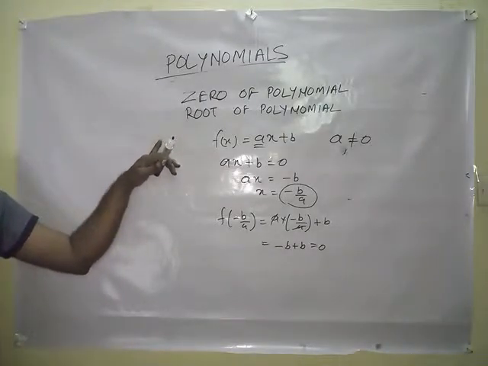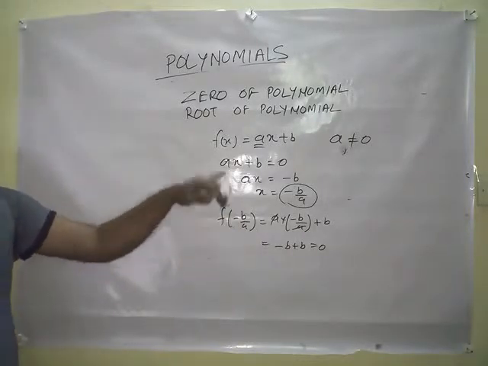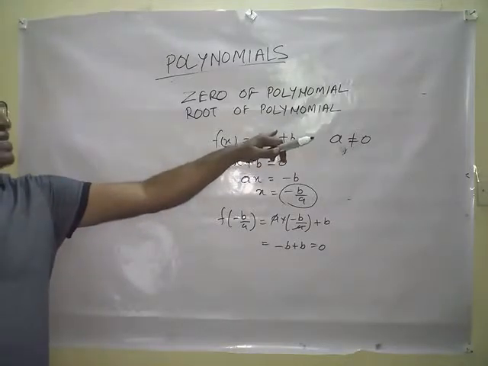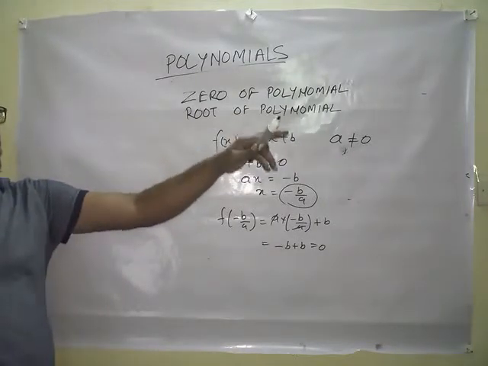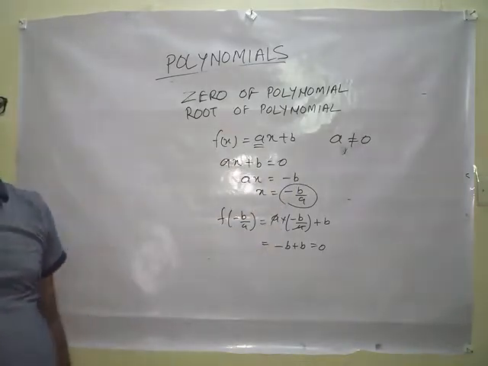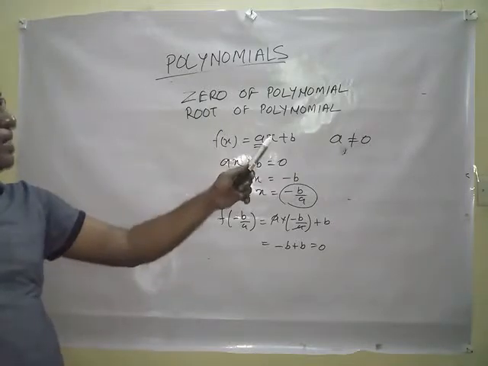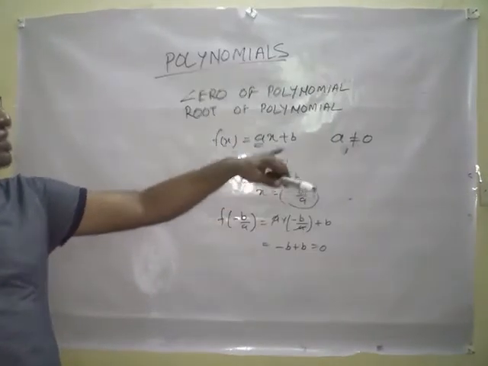Integral root theorem we have seen. Rational root theorem we have seen. We have seen that whatever is the highest degree, one polynomial equation can have more than one zero or root, but it depends on the kind of equation.